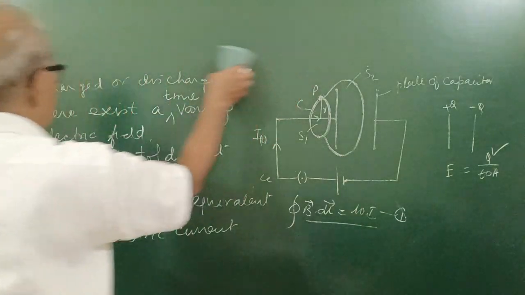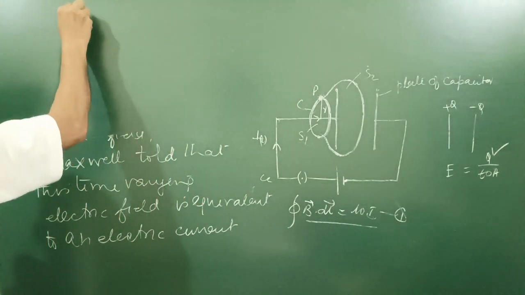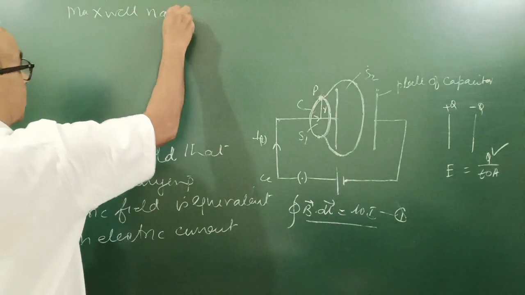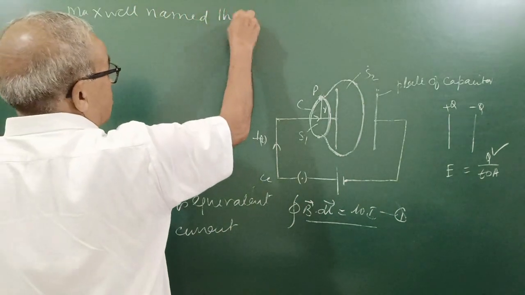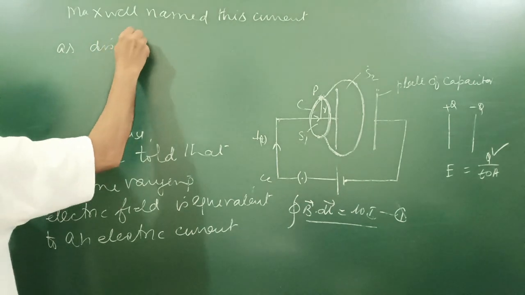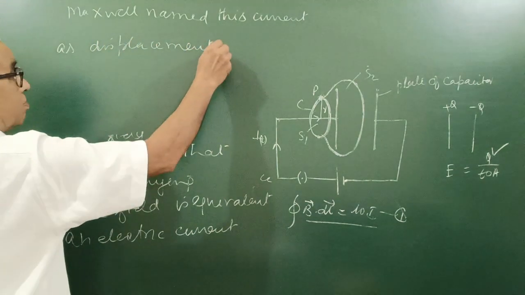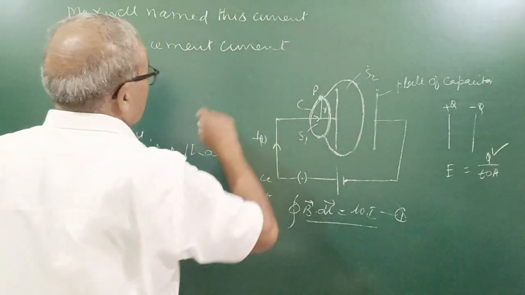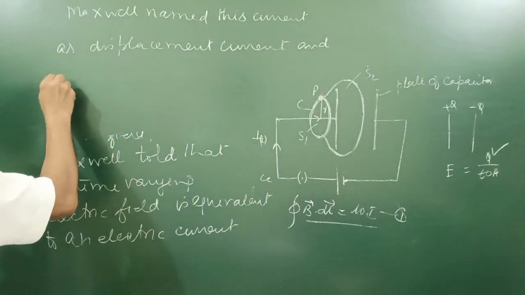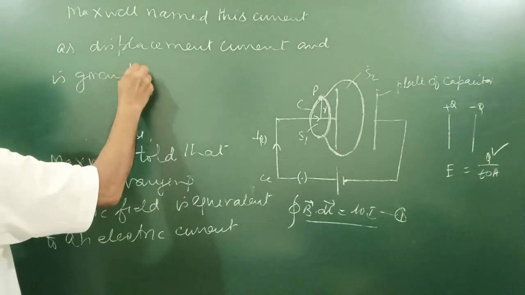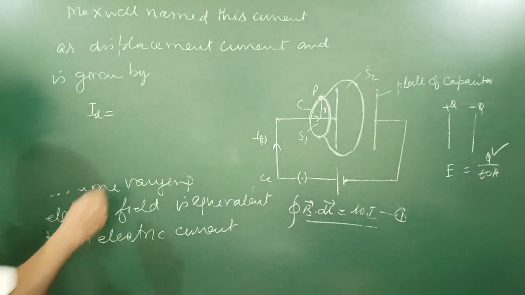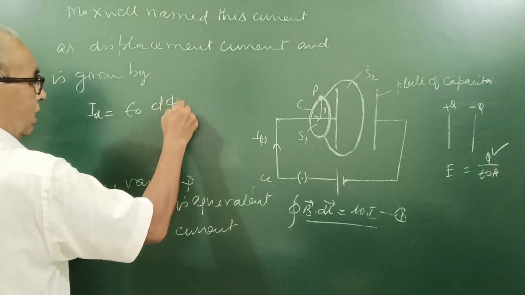And Maxwell named this current as displacement current, and it is given by I D, this stands for displacement, equal to epsilon 0 d phi e over dt.